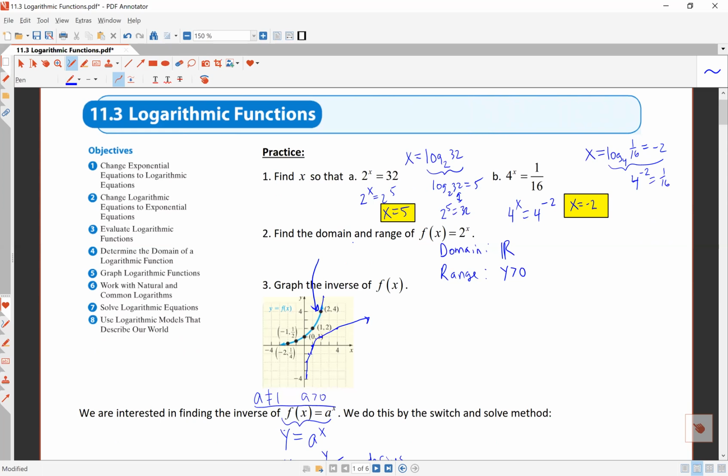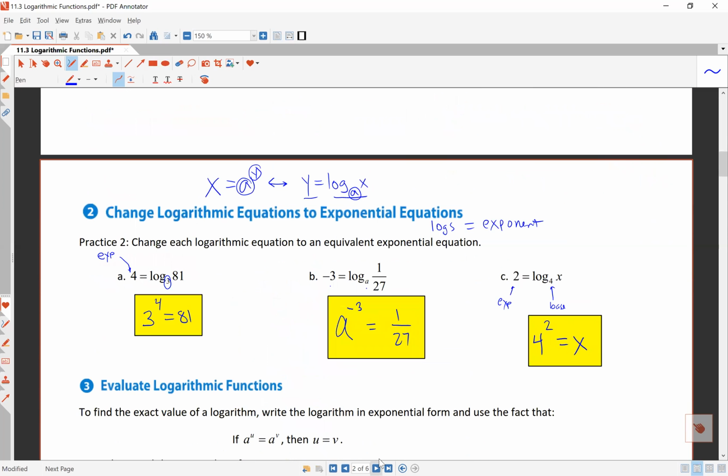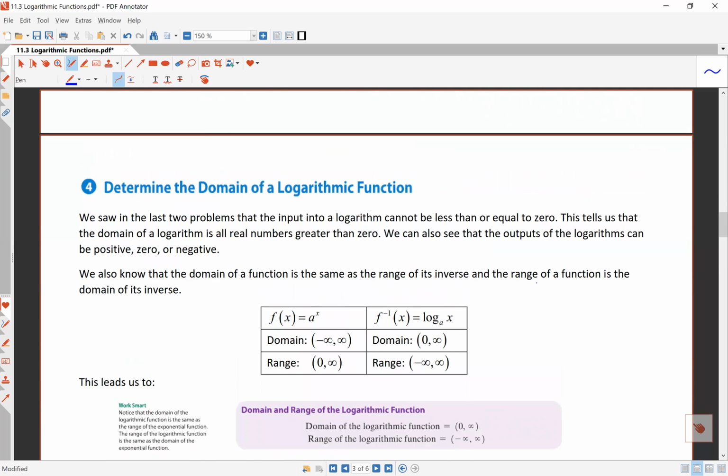And so we'll use this and the fact that the domain and range get swapped to talk about the domain and range of the inverse function f of x. So from objective 3, we saw in the last two problems that the input into a logarithm cannot be less than or equal to 0.